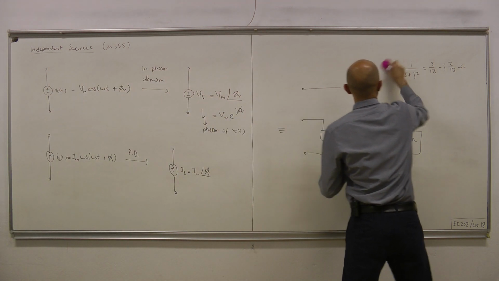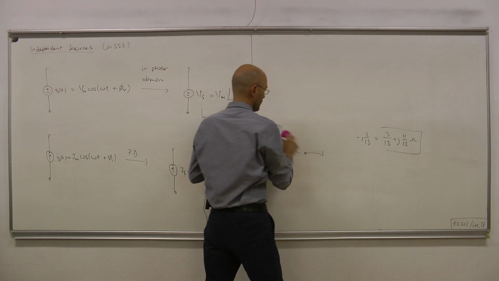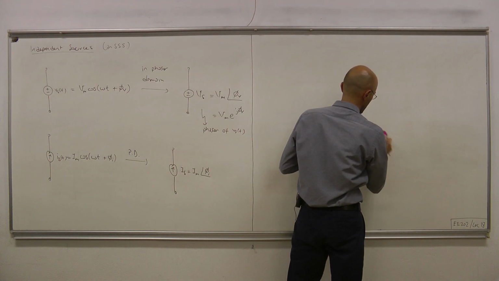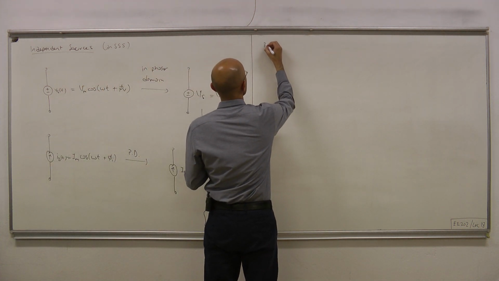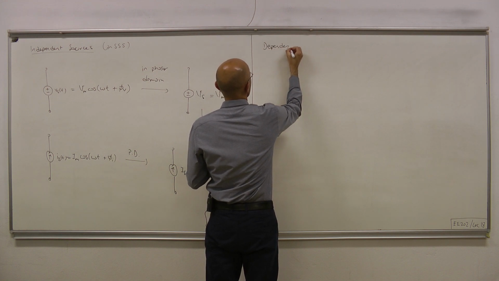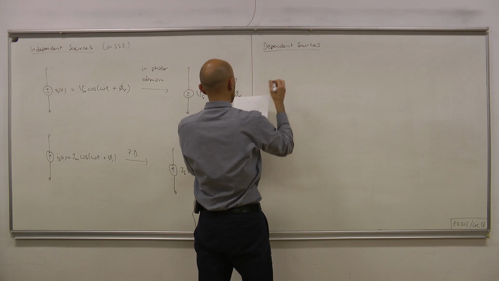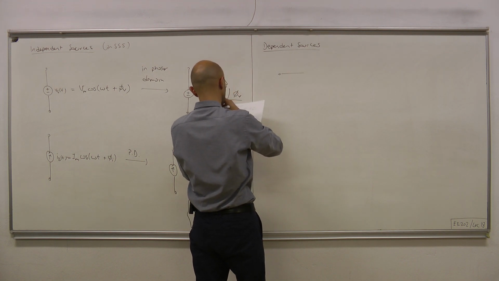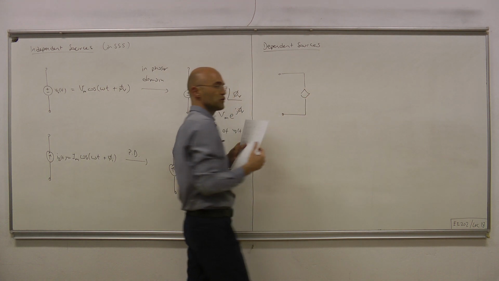How about dependent sources? Suppose that we have a current controlled voltage source.